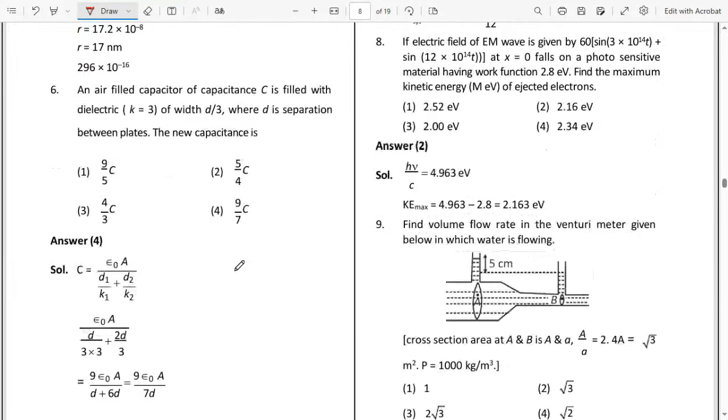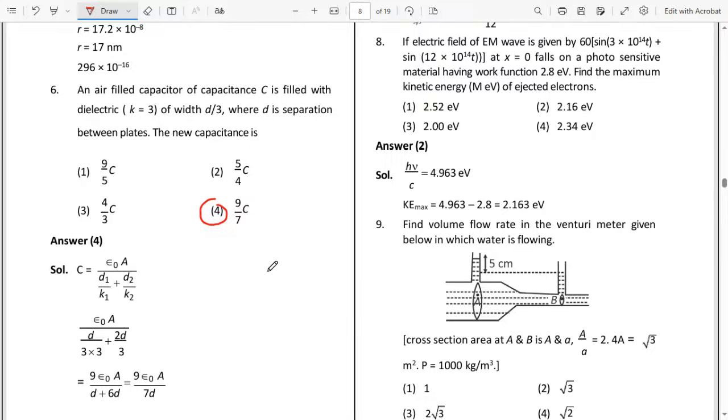Next, question number 6. An air-filled capacitor of capacitance C is filled with dielectric K equal to 3 of width D by 3, where D is separation between plates. The new capacitance is option 4, 9 by 7 C is the correct option, students.